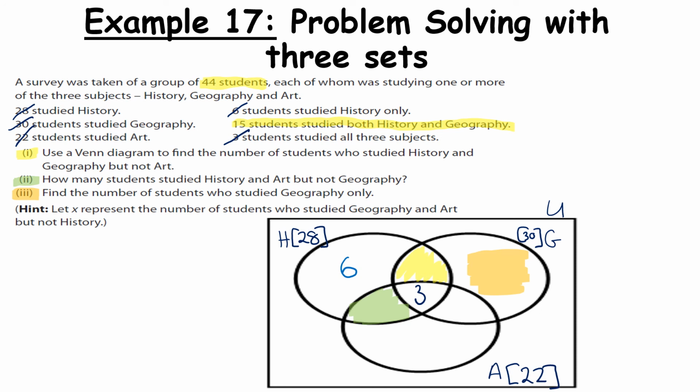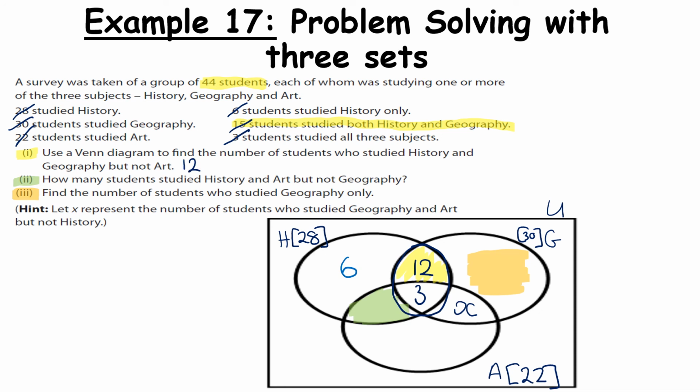So they've given us a big hint here and told us to fill this in as X. Okay, so I'm going to go back to the thing we've highlighted. So 15 students studied both history and geography. So this whole section here should add to 15. I already have 3 in, so 12 is there, which is my answer then to part I.